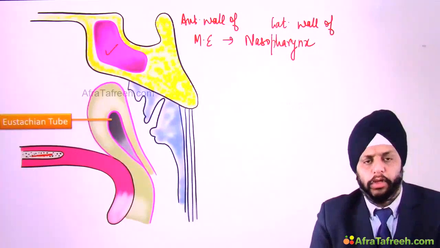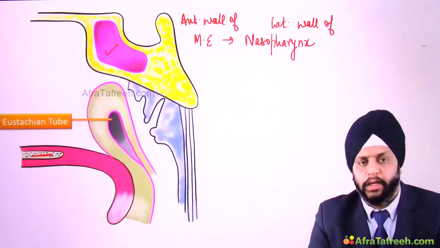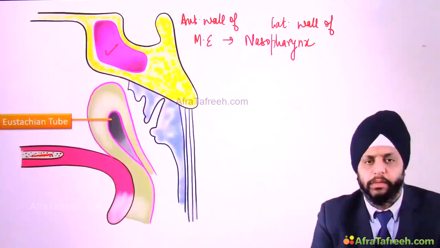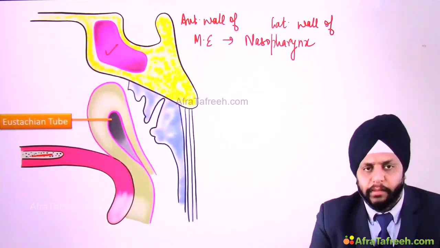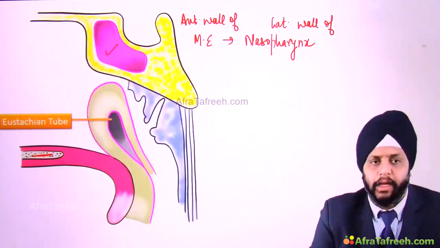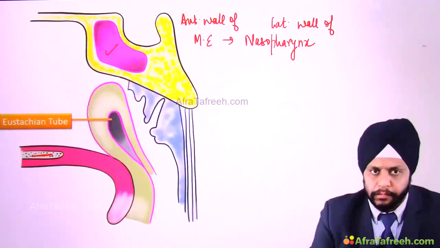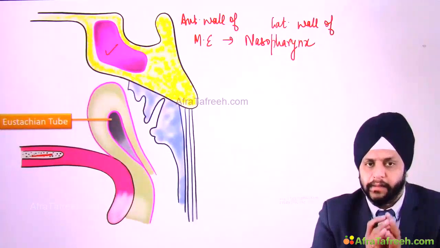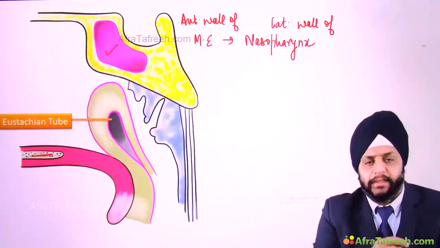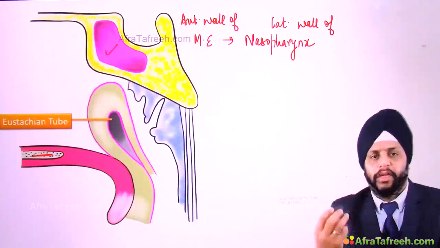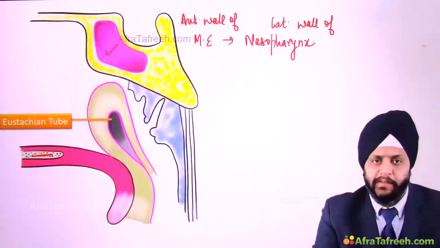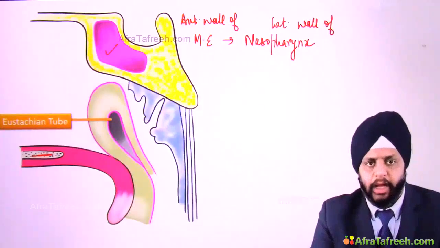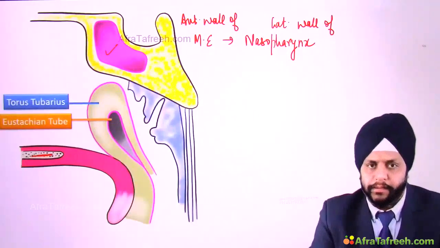Now this tube we know is made up of both bone and cartilage. The lateral one-third is bony, the medial two-thirds is cartilaginous. So this is which end? This is the cartilaginous end of the eustachian tube. This end which we can see in the nasopharynx slightly protrudes into the nasopharynx, so it forms a bulge, and that is known as torus tubarius.